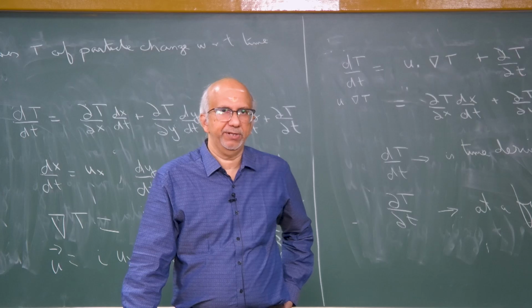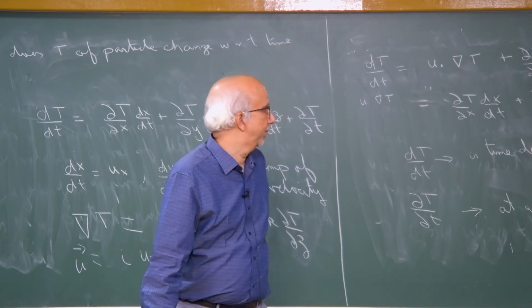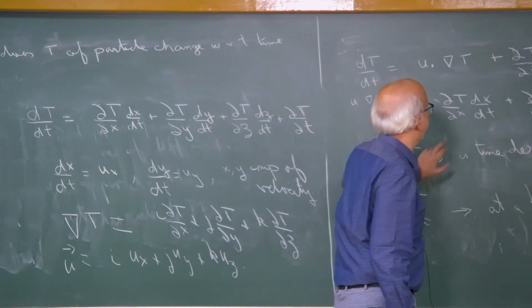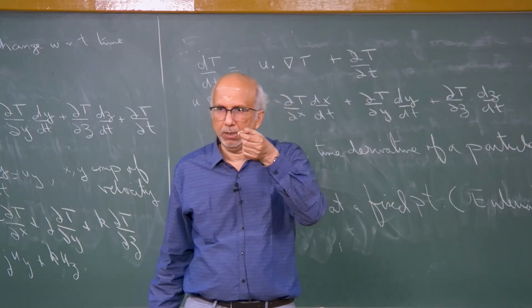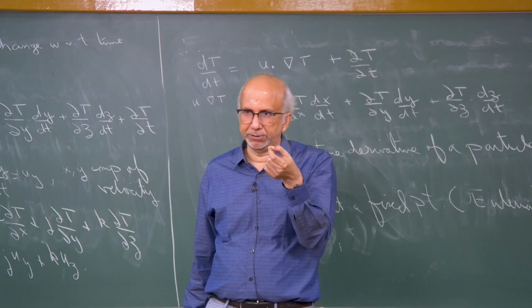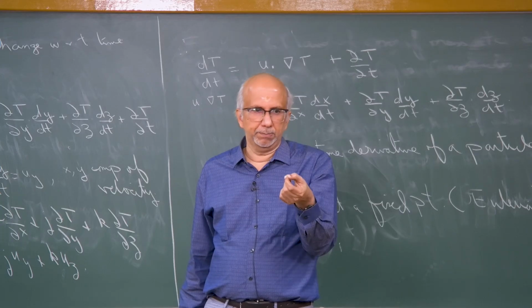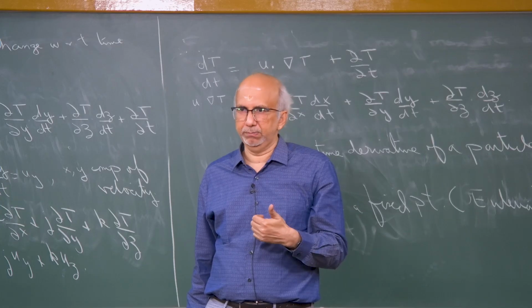When we are focusing our attention at a fixed point, that is the partial derivative. So, if you keep a temperature probe at a fixed point and measure what the changes are at that point, you will get the partial derivative. What you are calculating is the partial derivative of T with respect to t.